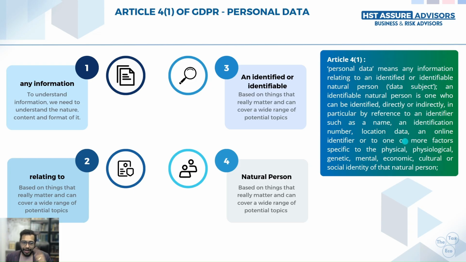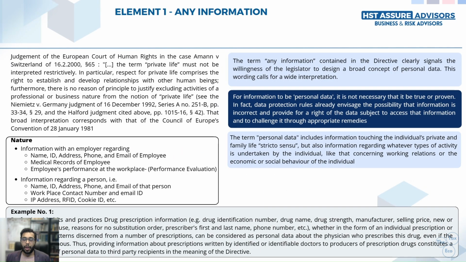Now let's go to the first and foremost element of the personal data definition, which is any information. The term any information was also there in the directive, and is also there in the GDPR.